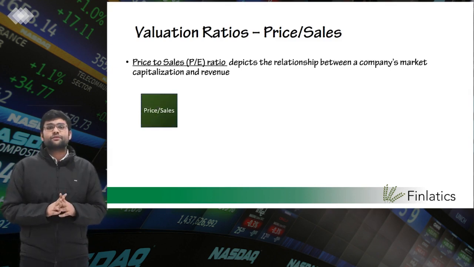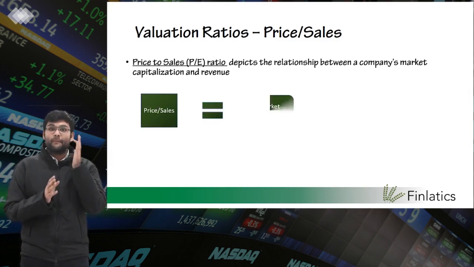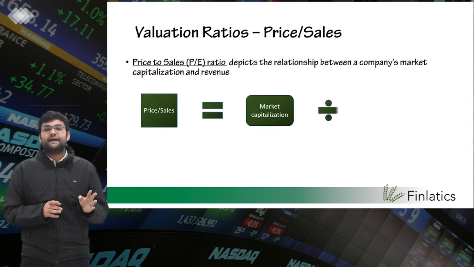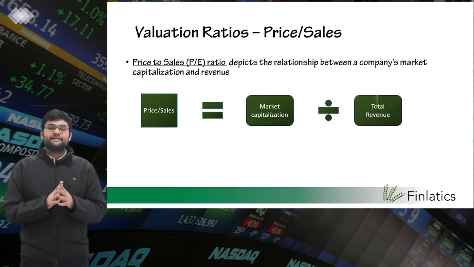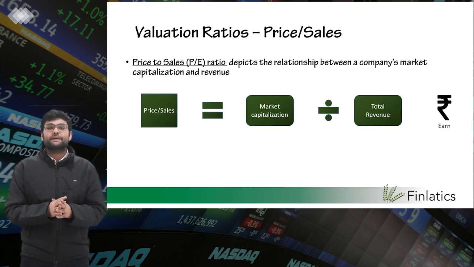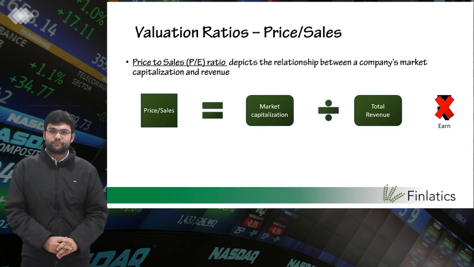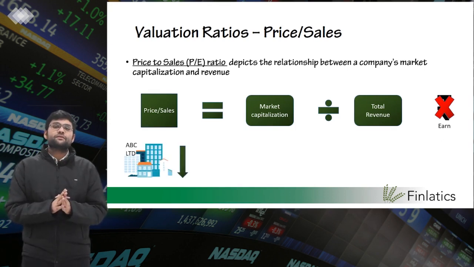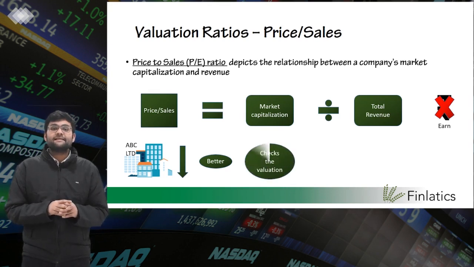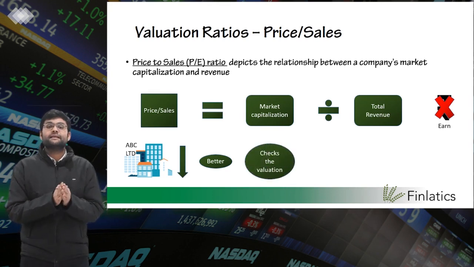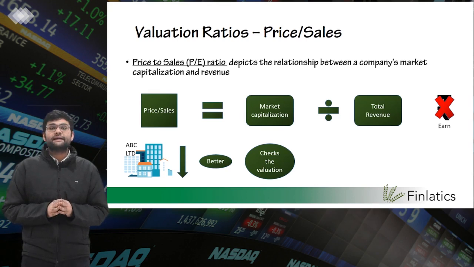As a result, price to sales ratio is equal to market capitalization divided by total revenue of a company. It is generally used in cases where earnings of a company are missing. A lower price to sales ratio is generally considered healthier, as it keeps a check that the company is not getting overvalued in case of absence of earnings.